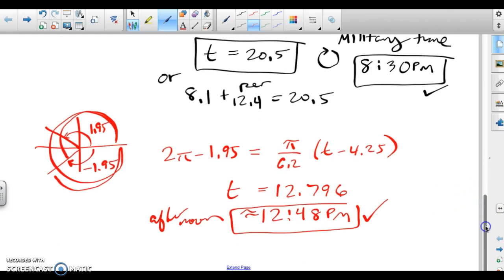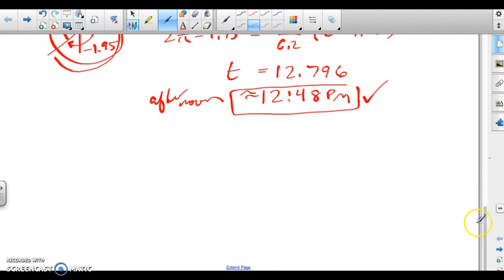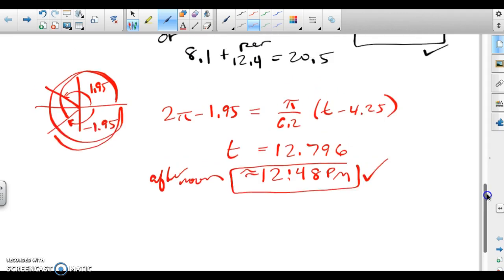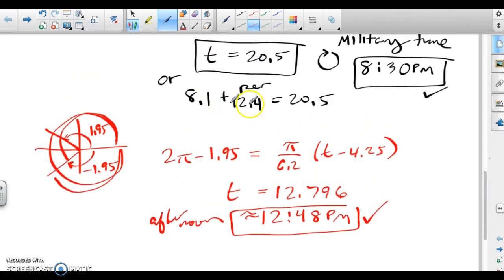Okay, now just for safe measure, you want to double check to make sure that its coterminal angle actually does or does not exist. So if we take into consideration how we solved the last problem, you know that one complete period was 12.4 hours.